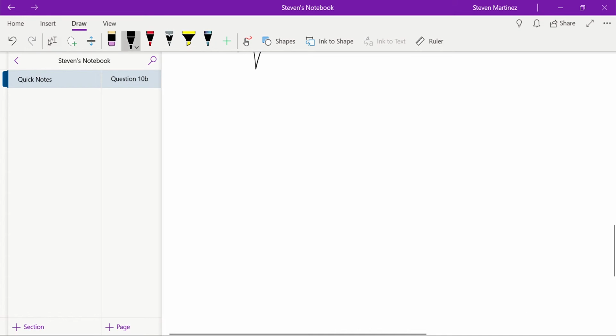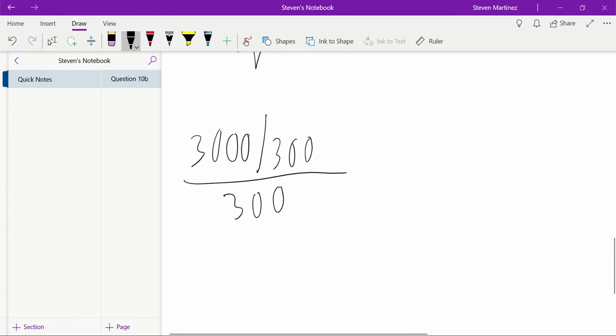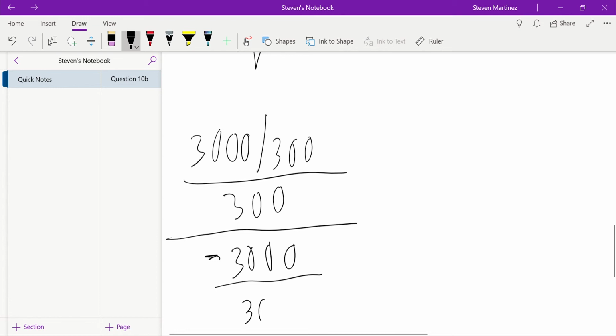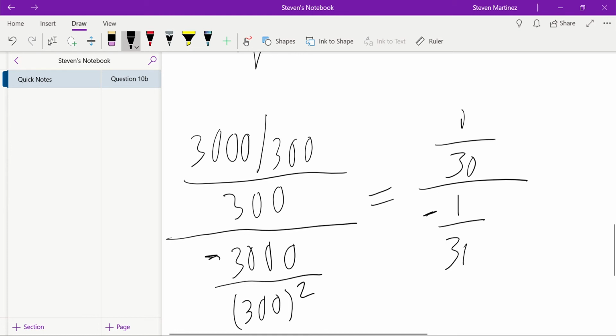So here we go. We have 3000 over 300 divided by 300 over negative 3000 over 300 squared. So here we get 1 over 30 over negative 1 over 30.